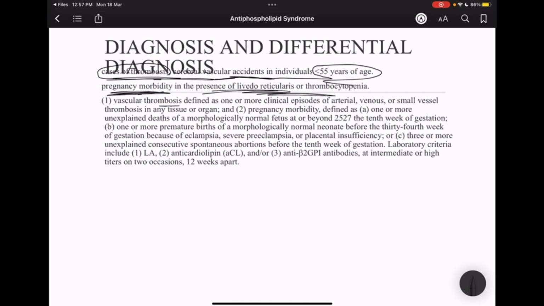First, vascular thrombosis. We have one or more clinical episodes of arterial, venous, or small vessel thrombosis in any tissue or organ. Second, in case of pregnancy morbidity, first, if we have one or more unexplained deaths of a morphologically normal fetus, for example, there are no genetic diseases, so this fetus has normal morphology, but we have unexplained death.